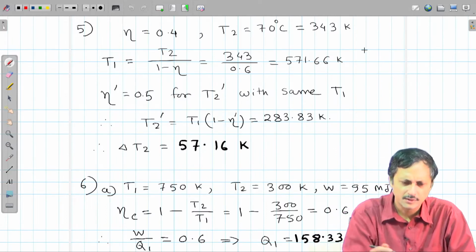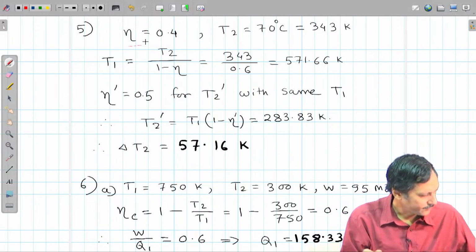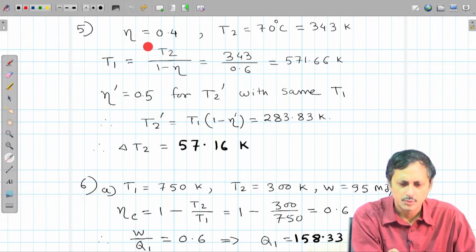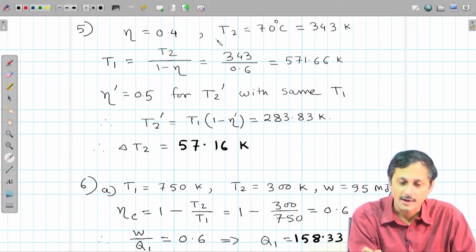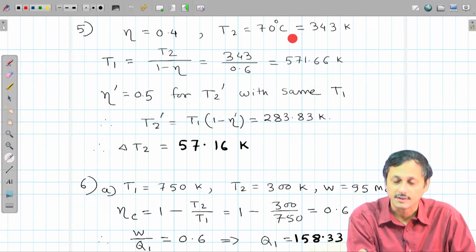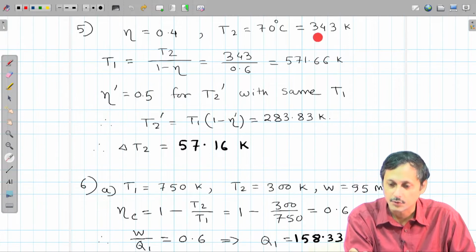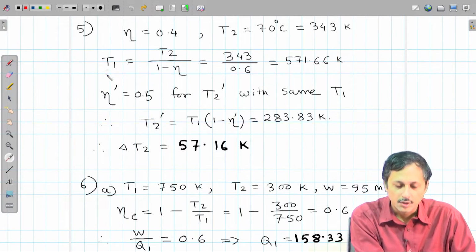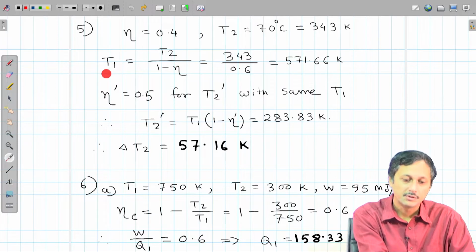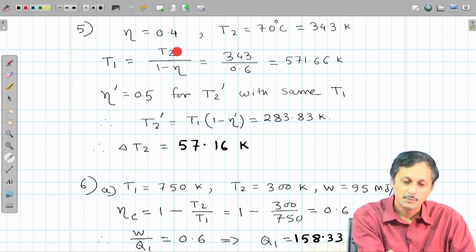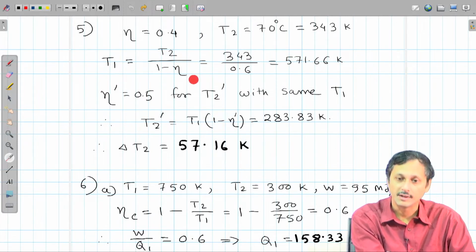Let us go back to today's notes. This is the given data: eta is equal to 0.4 and T2 is equal to 70 degree centigrade, which is 343 Kelvin. From there we can immediately compute the value of T1. T1 will be equal to T2 divided by 1 minus eta.